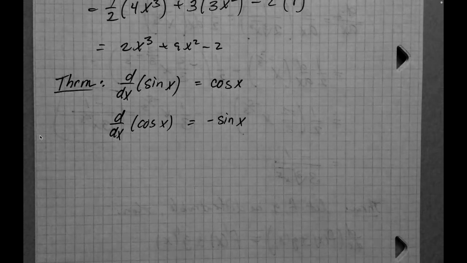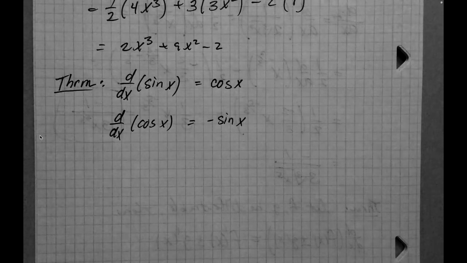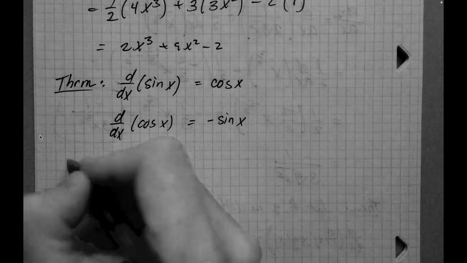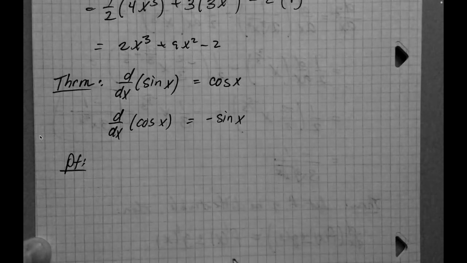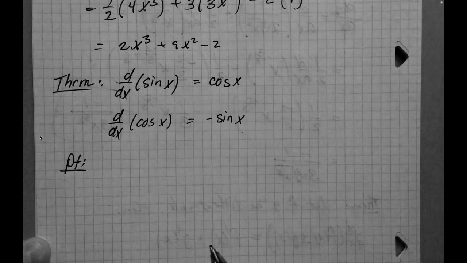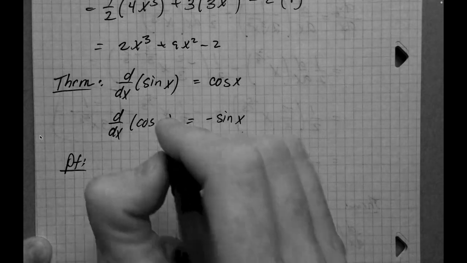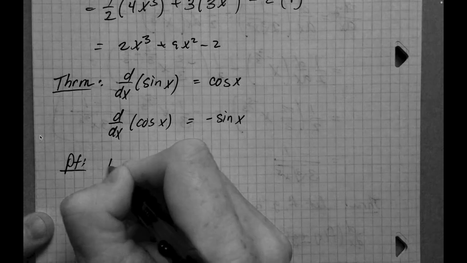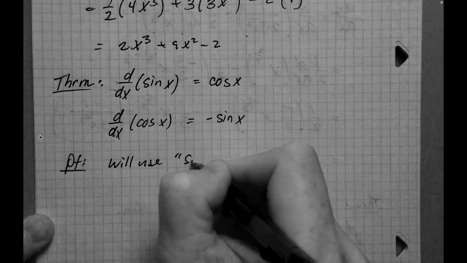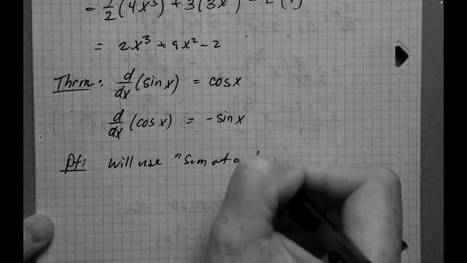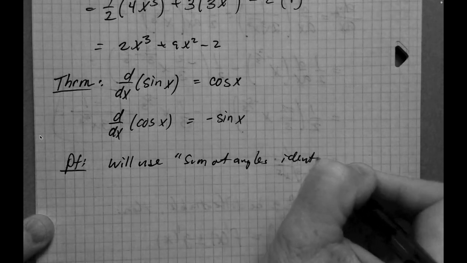So I'm going to skip the proof on this one, just in the name of time, but this is one that is not hard to prove. It's a proof you can work out on your own. You do need to know a little bit about sum of angle identities that'll come up in the proof. So let me just make a note of that. It will use the sum of angles identity.